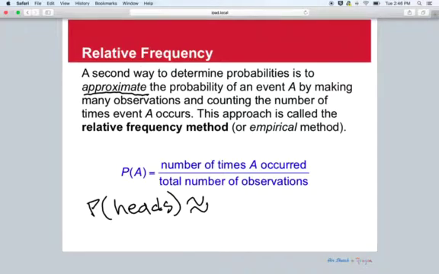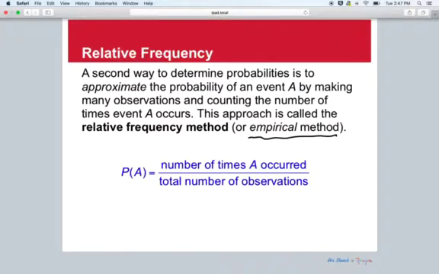However many times you got heads out of 100, let's say it was 57, you would then assume that's the probability of getting heads. We call that the relative frequency method, or the empirical method. Empirical just means by experimentation. It's the same calculation: the number of times A occurred divided by the total number of observations.